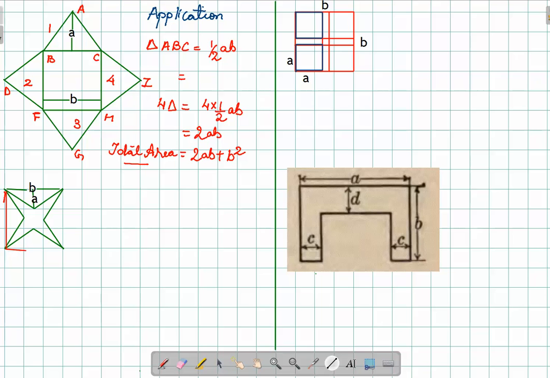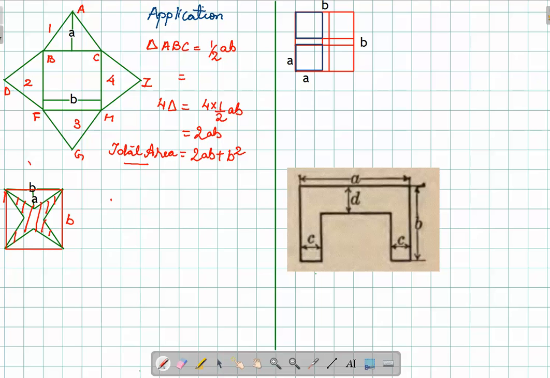So if you think about this as an enclosed figure inside a square whose dimensions you can say are B and B. Now what you want to find is the area which is enclosed only in green boundaries. So let's first find the area of the square.